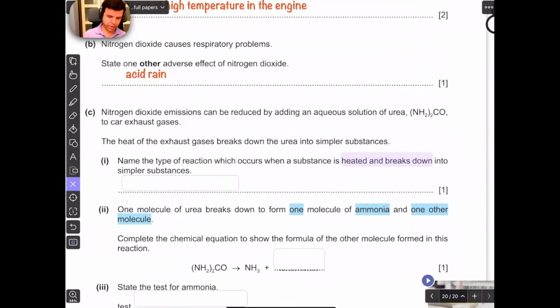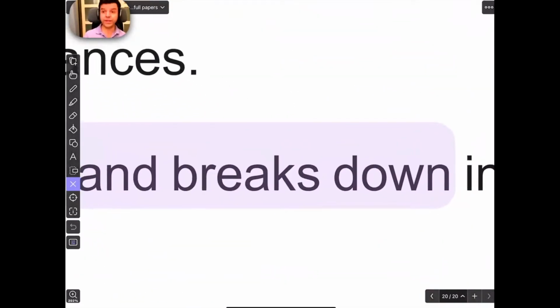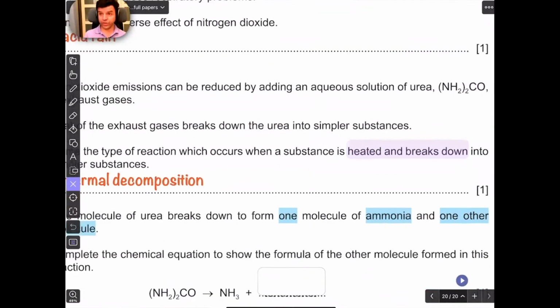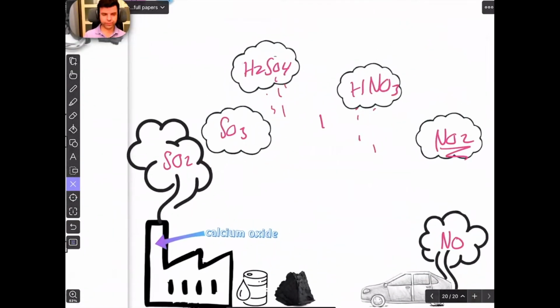Very good. So 1 mark, you tell them it's called thermal because of the heat. Breakdown is decomposition. Okay. Question? Yes. What's your question? Mr. Sulfur dioxide, it has to get oxidized to trioxide before it can dissolve. Yeah, just like the contact process. To form the sulfuric acid, it's going to be sulfur trioxide that dissolves in the water, right?